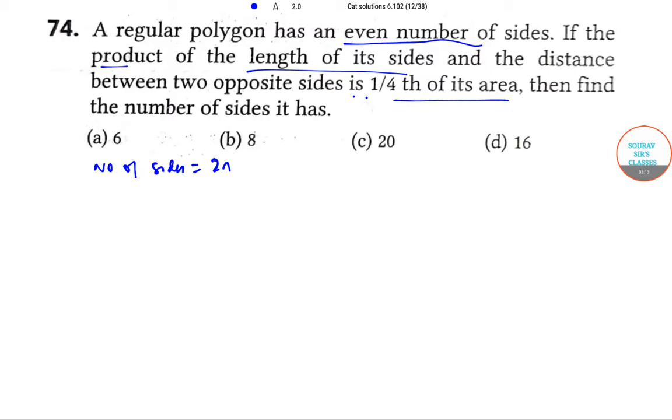Let the length of the side be s and the length of the perpendicular from the center to each side be p.